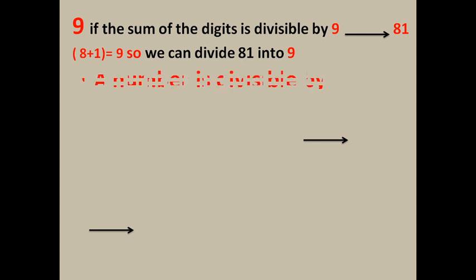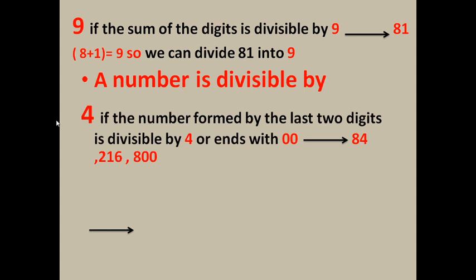Here a number is divisible by 4 if the number formed by the last two digits is divisible by 4, or ends with 00. So if the last two digits are divisible by 4, we can divide it by 4, or if the last two digits are 00.